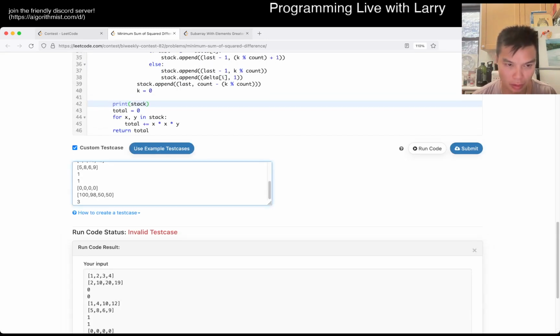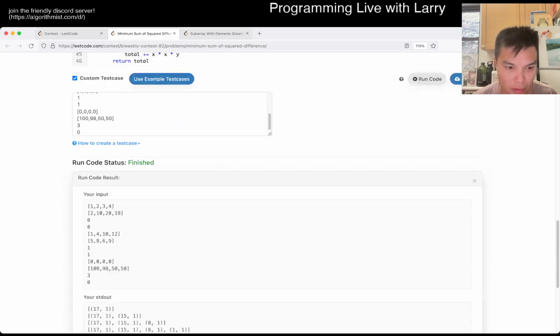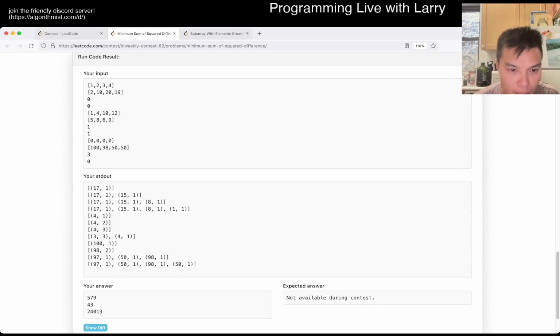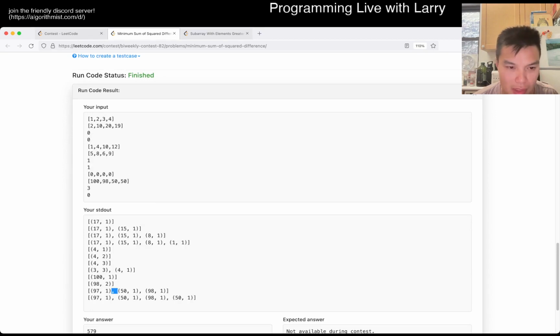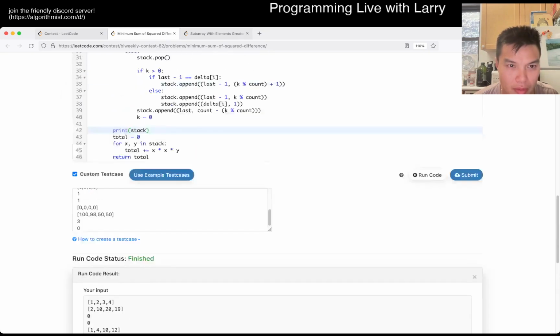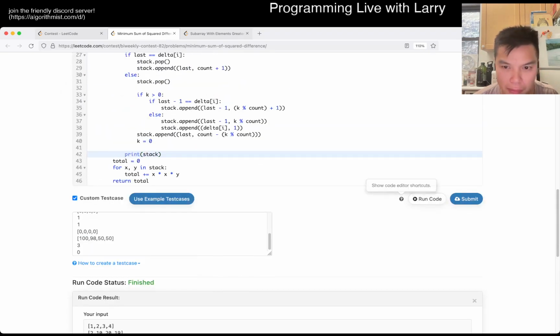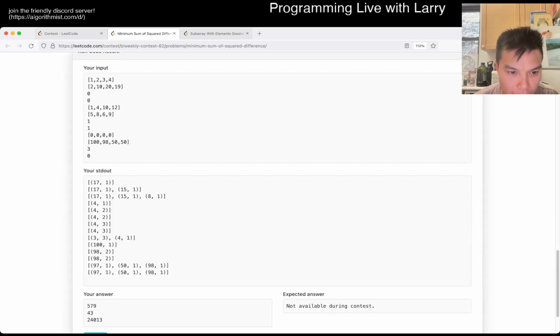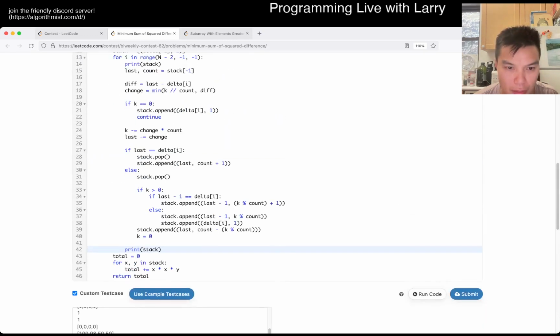Whoops. Is that right? So 3, 1, 2, 3. Okay, that looks right. Though the stack is printed in the wrong way, which is actually really bad. How did that happen? 100, 98, 98, and then 97. Oh, wait, what?